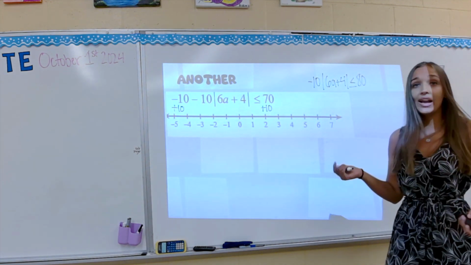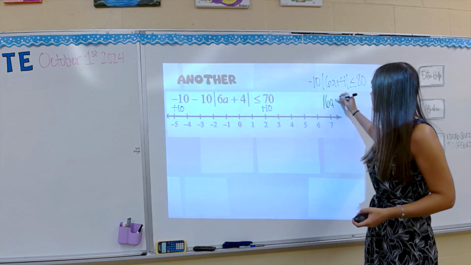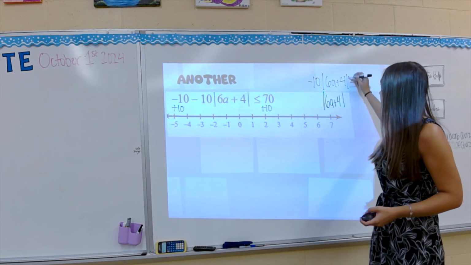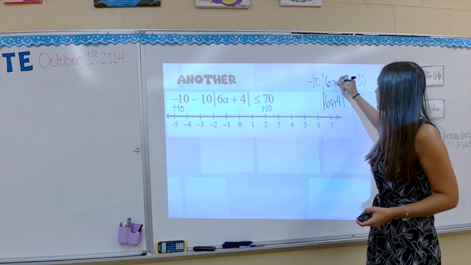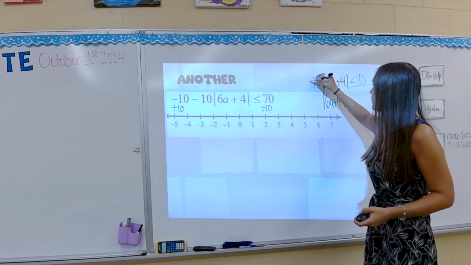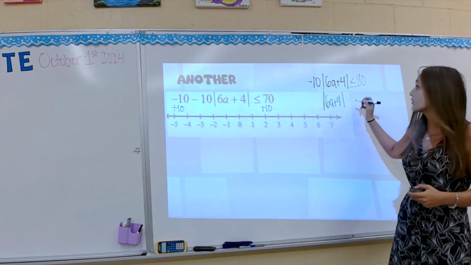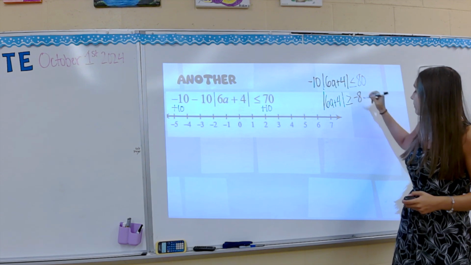All right, now I have to divide by that negative 10. So I get the absolute value of 6a plus 4. Divide by a negative, so I have to flip the sign. And that's going to be negative 8.